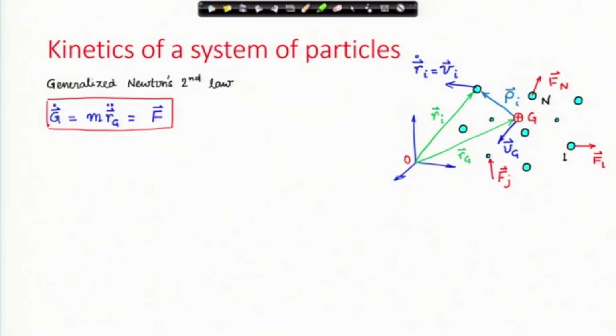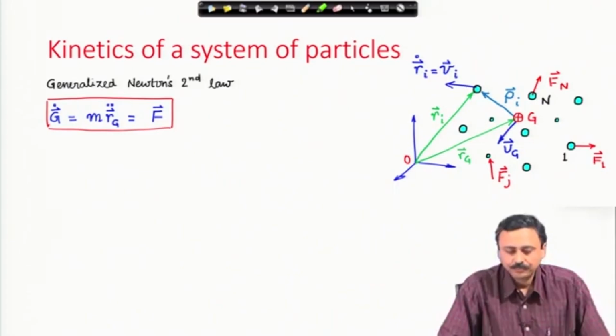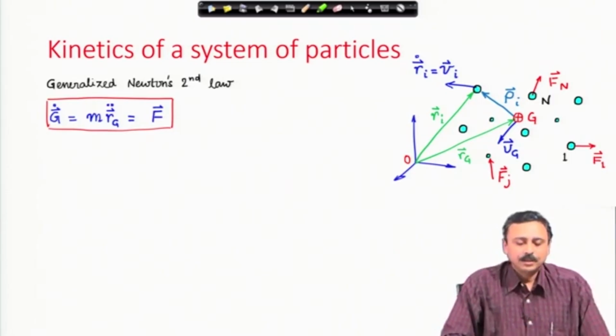We had derived the generalized Newton's second law for this system, and we have obtained this equation of motion for the motion of the center of mass of the system. What this generalized Newton's second law tells us is the rate of change of linear momentum of this system is equal to the summation of all forces acting on the system.